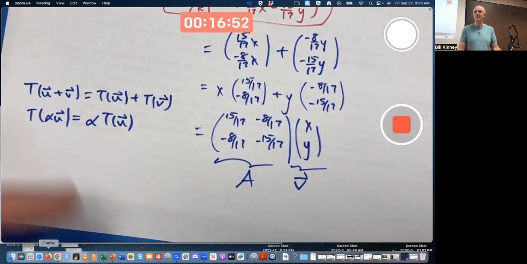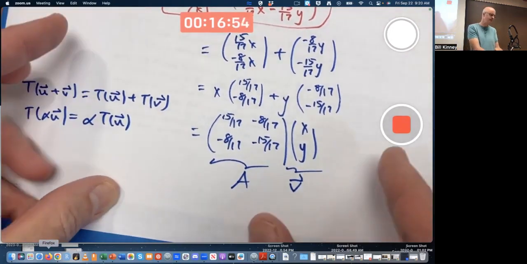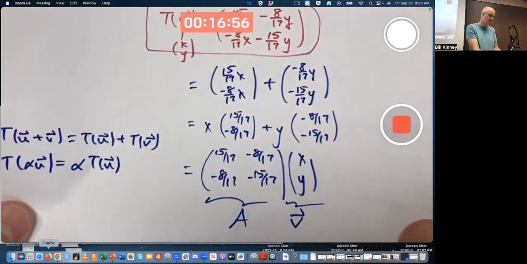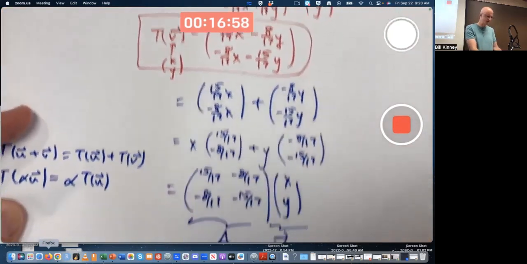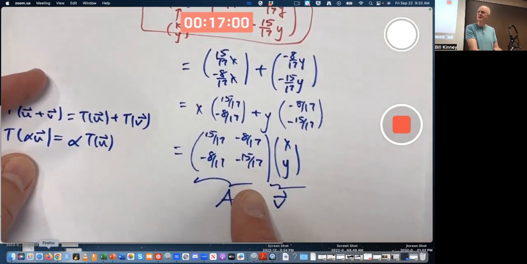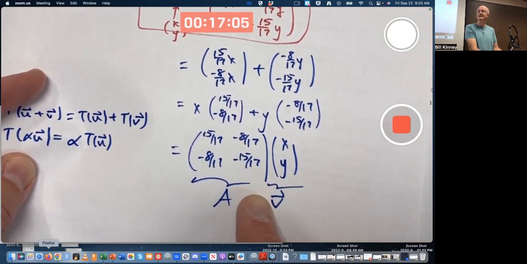So you want to have those concepts clear in your mind. Yes, this matrix has some symmetry to it. You could call this a reflection matrix. That comes from reflecting across some line. Reflection matrices typically have some symmetry to them.